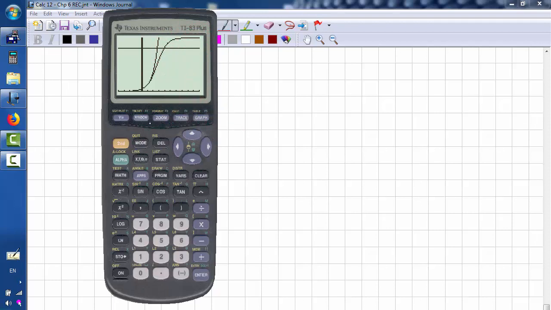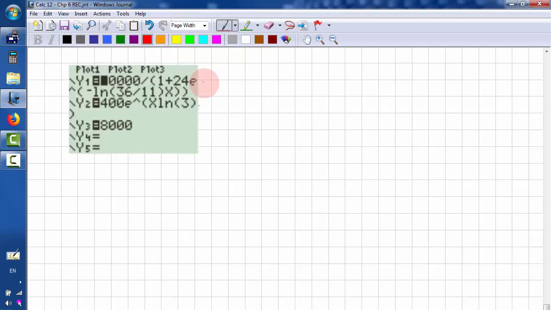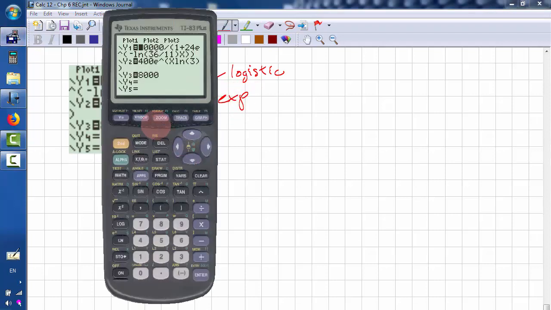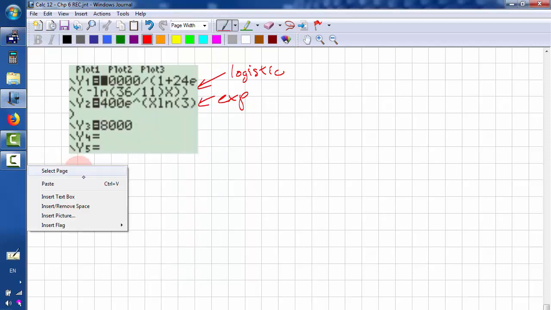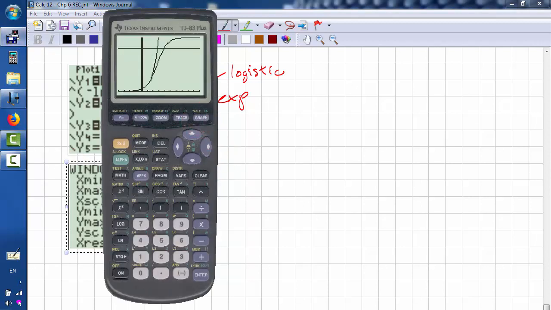And let's just take some screenshots of that. Paste it here. Logistic. Exponential. And the window. And our graph.